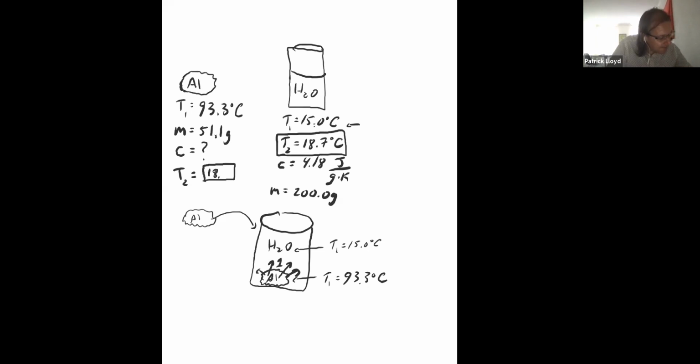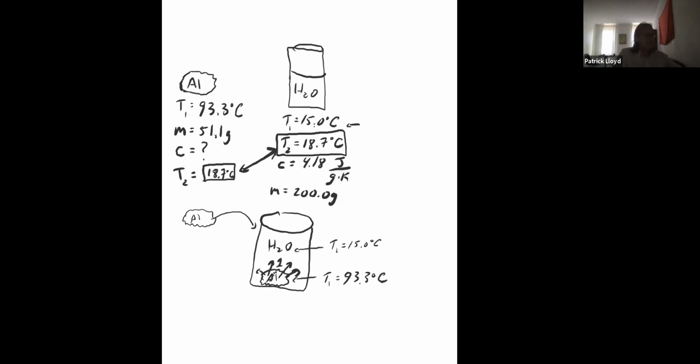A key step is that the final temperatures have to be equal to each other when you do a calorimetry problem. If this were 103, the final temperature would be a little hotter. It might be around 19 degrees C. See how the water really didn't change that much? The water only changed a few degrees Celsius, whereas the aluminum went all the way from 93 down to 18.